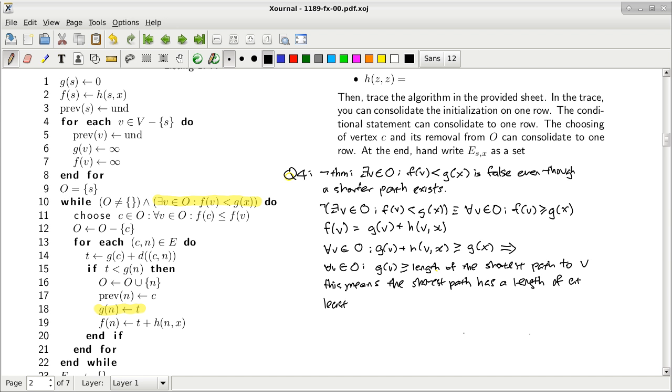Okay, we know all the g values of all the vertices in O are greater than or equal to the actual length of the shortest path to those vertices.